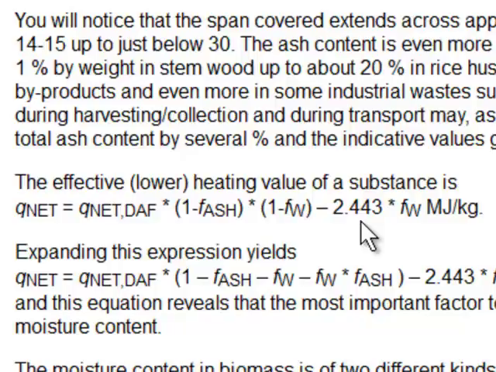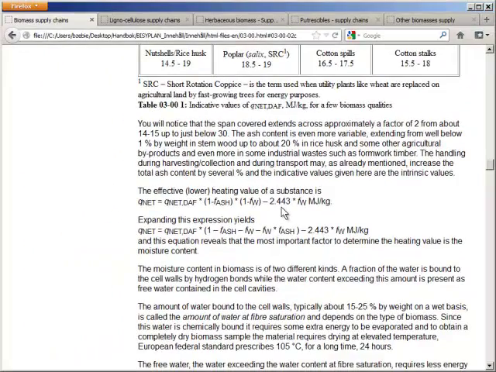You will also remember what was said in the introductory lecture about fundamental properties of biomass, where it was pointed out that the lignin content is one determining factor for the heating value. And the higher the lignin content, basically the higher the heating value.